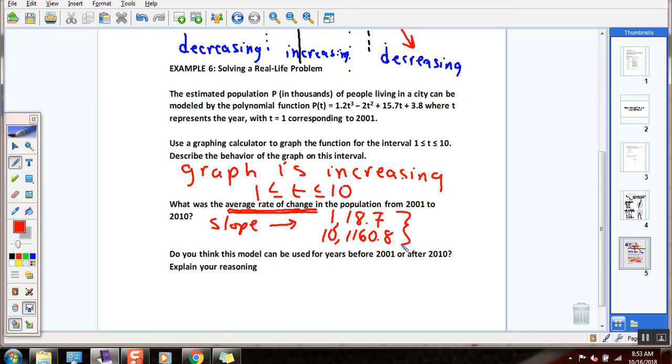Wait, how do you find it? Y2 minus y1 over x2 minus x1. That minus that over that minus that. Anybody have a slope yet?